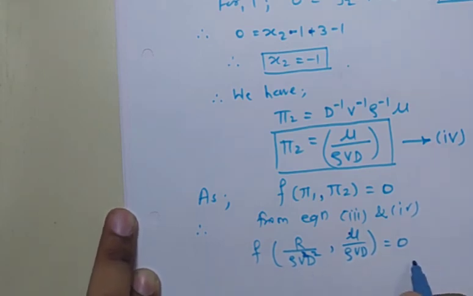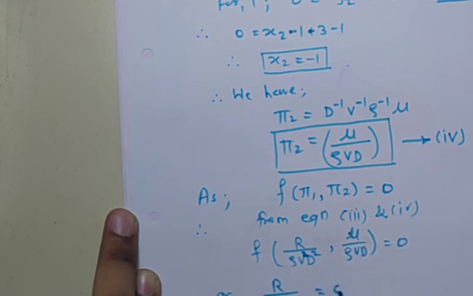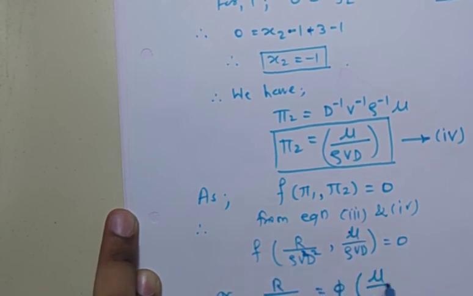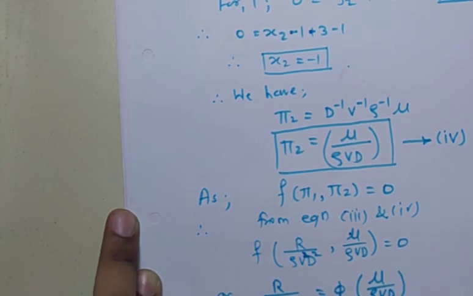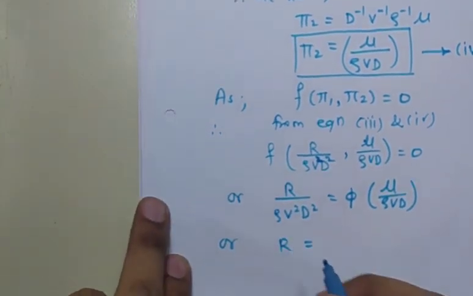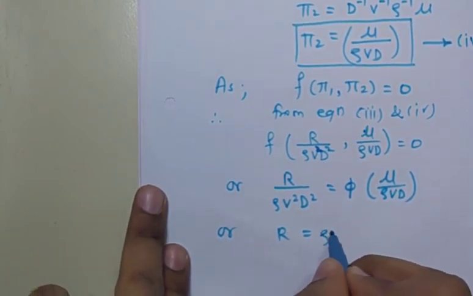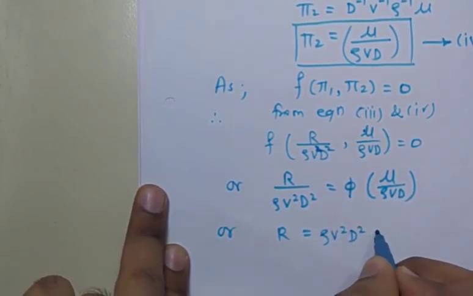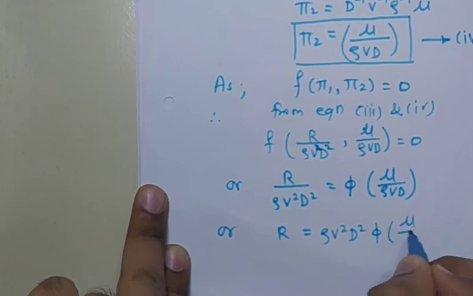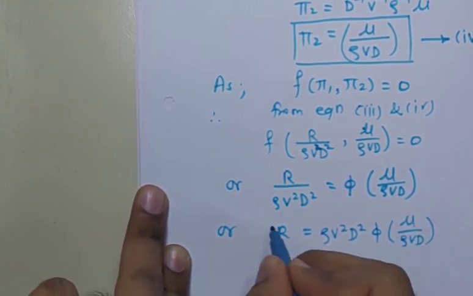So as this is a functional relationship, we can make any rearrangement within this functional relationship. So we can write this as R upon rho V square D square is equal to function of mu upon rho V D, or R is equal to rho V square D square phi of mu upon rho V D.